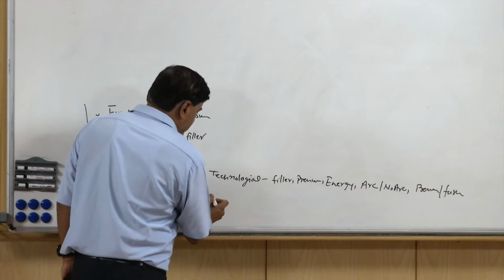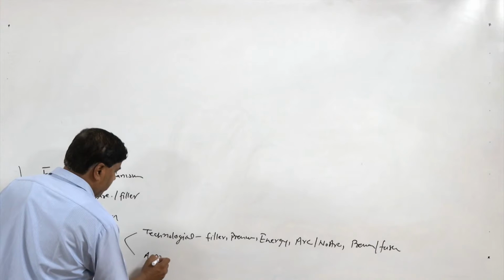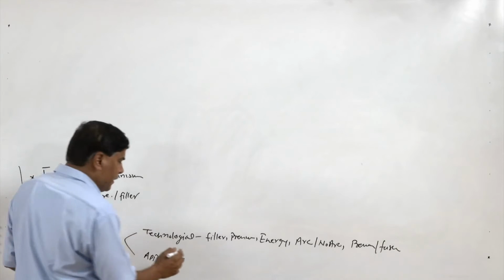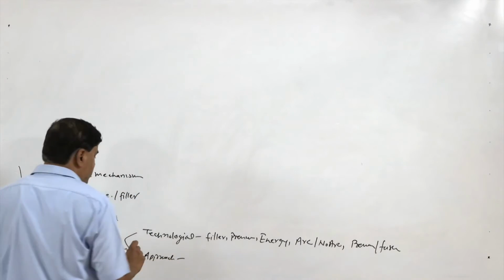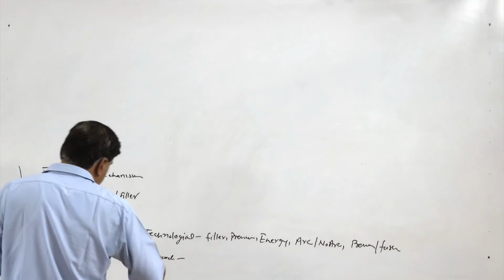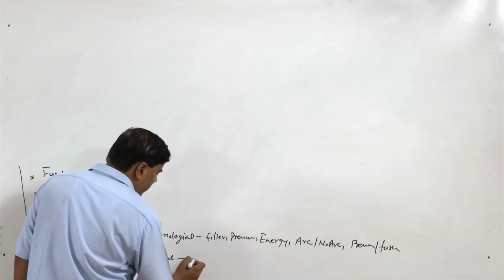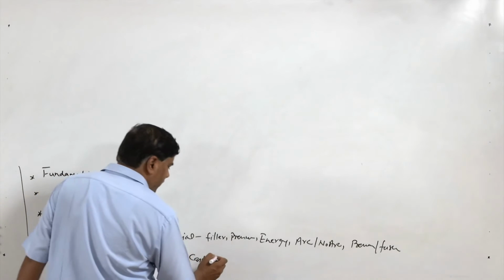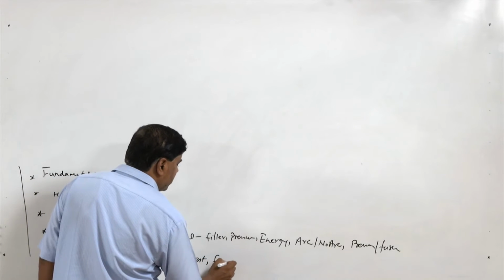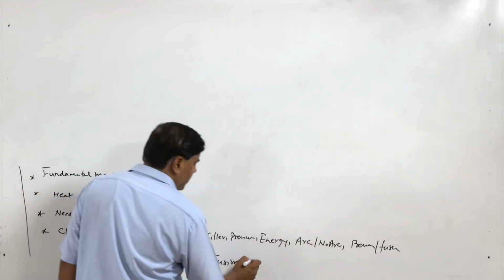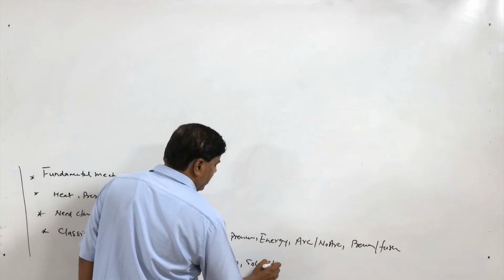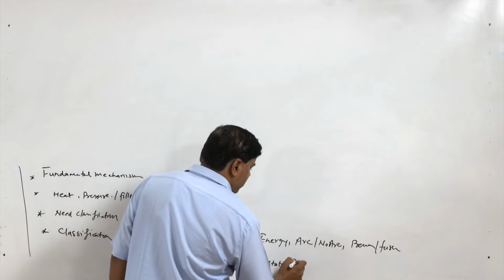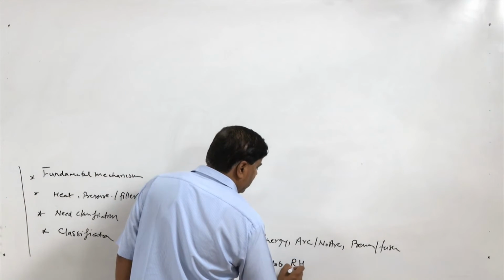Then we will see the approach being used for the joining purpose. Approach means how the joint is made. That basically involves whether it is a cast weld process, or it is the fusion based process, or it is a solid state bond process, or the resistance heating is involved.